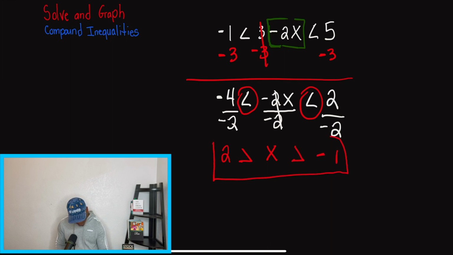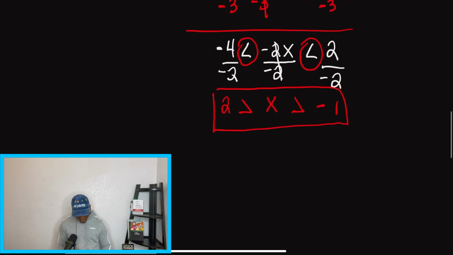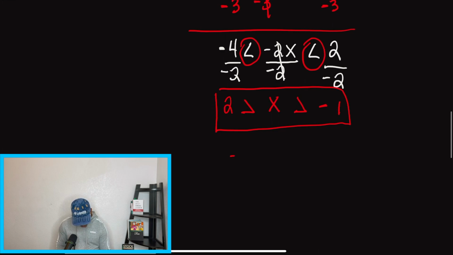So at this step now, right, the inequality looks like it's backwards, right? Shouldn't the negative come first? So what I'm gonna do is I'm just gonna rearrange this around so that we have the same answer. All right.